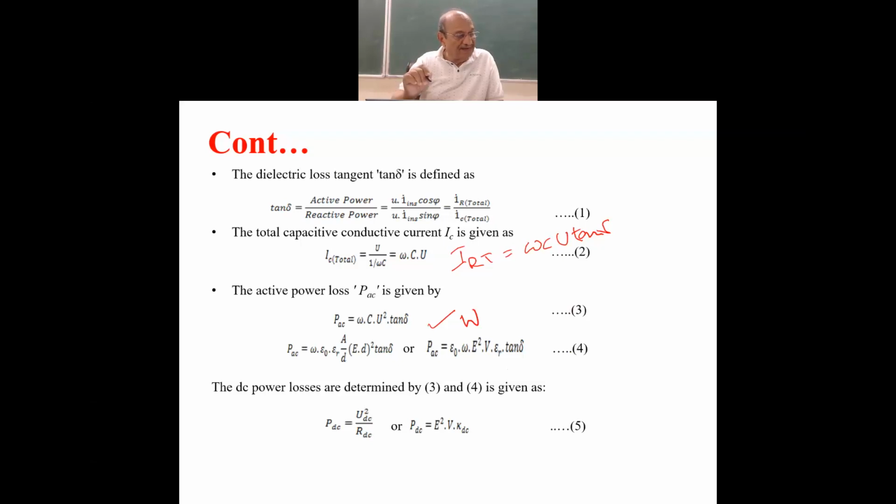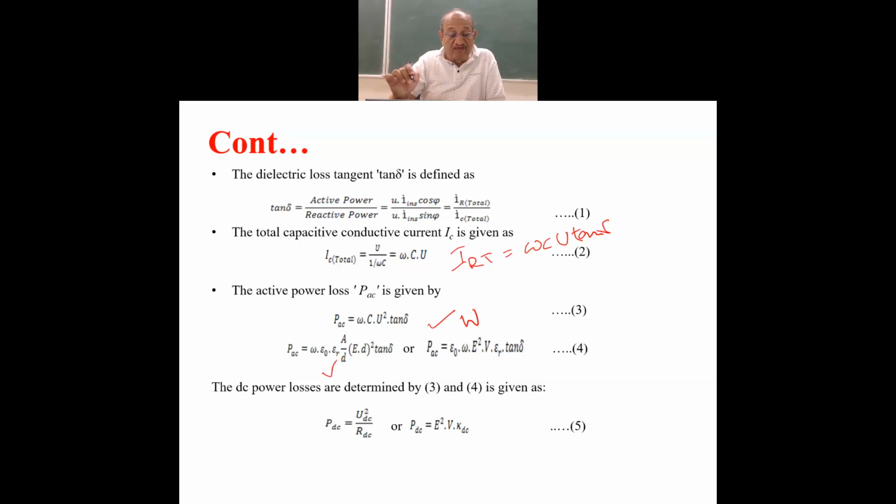Now, just for understanding further, we know that for a uniform field capacitor, the capacitance formed by the dielectric in uniform field is given as epsilon naught into epsilon r A by D. So that has been taken into consideration for that capacitance value.